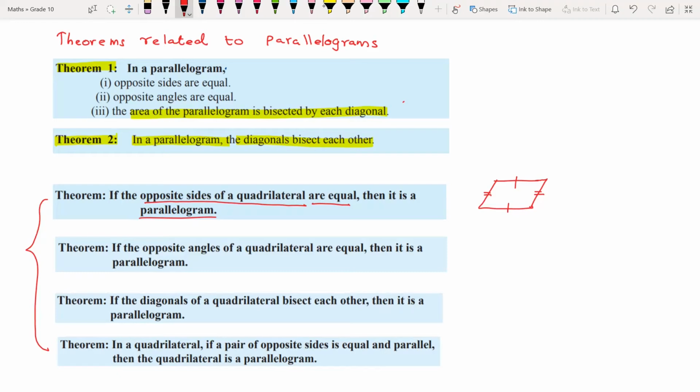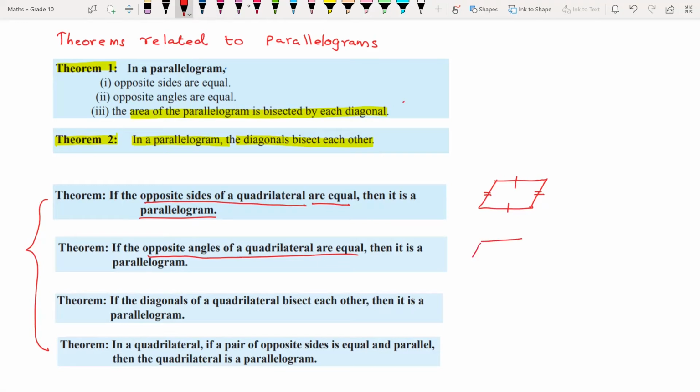Similarly, the next converse theorem: if the opposite angles of a quadrilateral are equal, then it is a parallelogram, right?